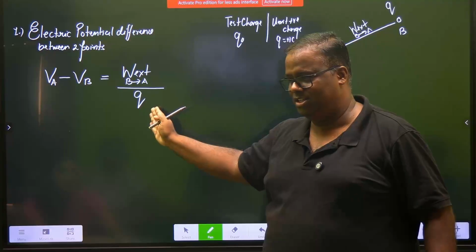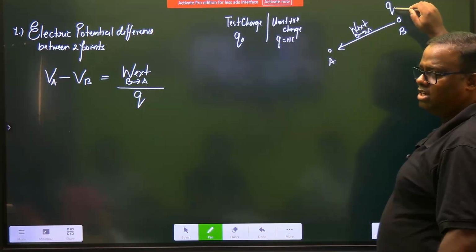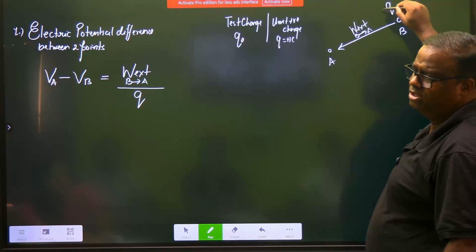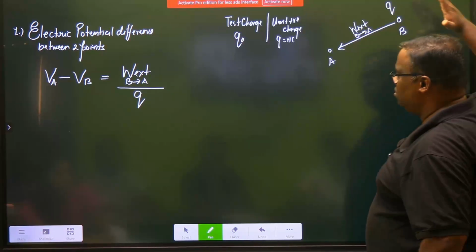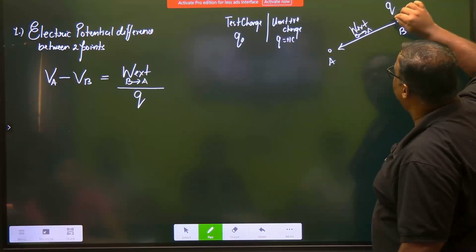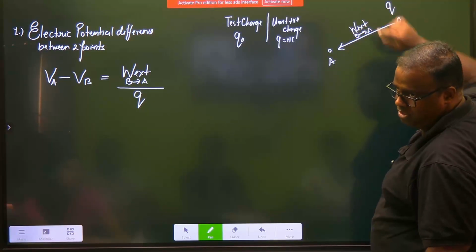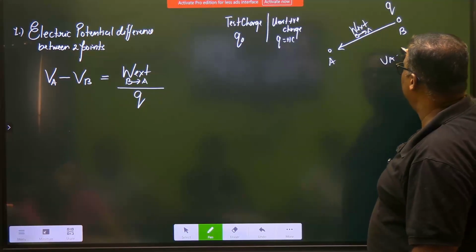Let's understand once again. We are moving a charge, maybe of any value, from a point B to a point A. In doing so, I am sweating. I am doing an external work. So there is an energy difference between the 2 points, which we learned that day. What is the energy difference? UA minus UB.